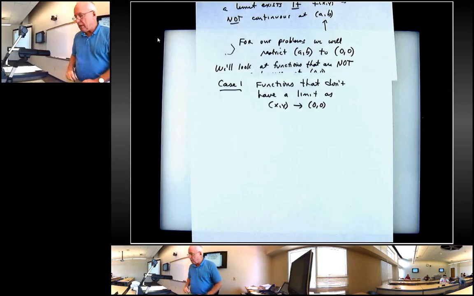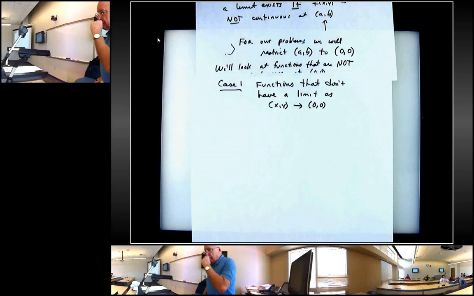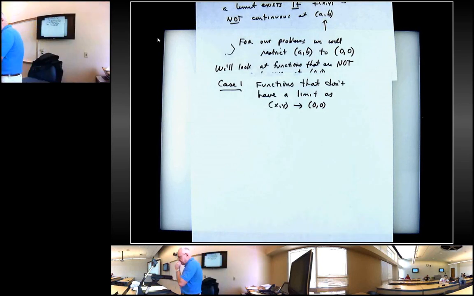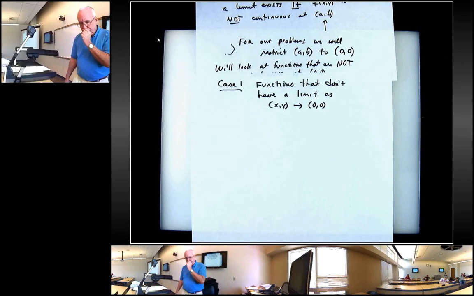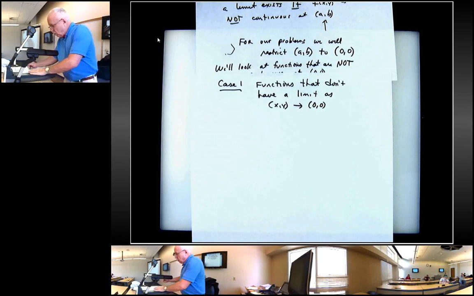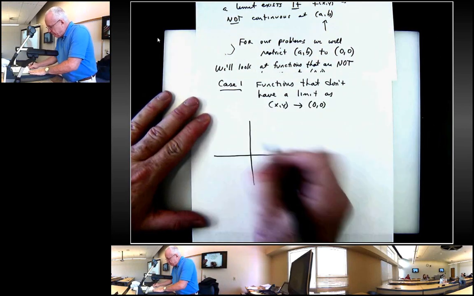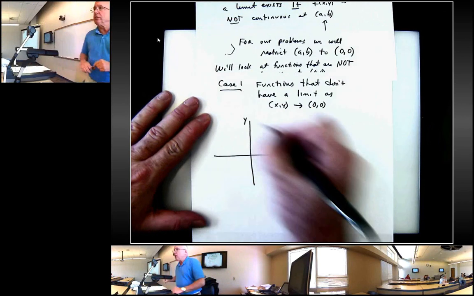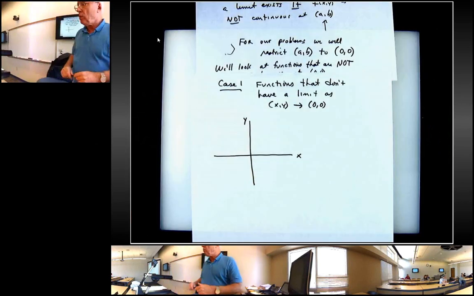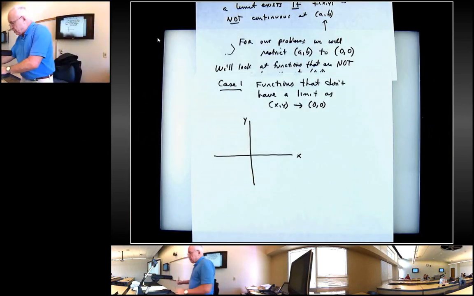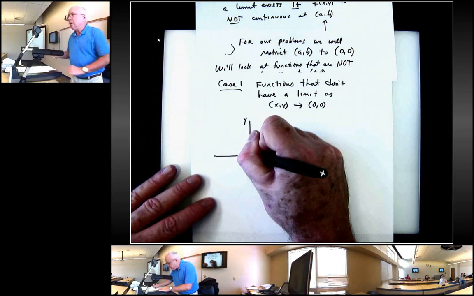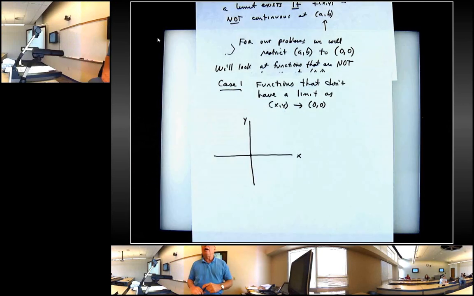Now, let's make sure we understand what that means. Here's the xy plane that our functions are defined on, and of course, here is (0, 0).